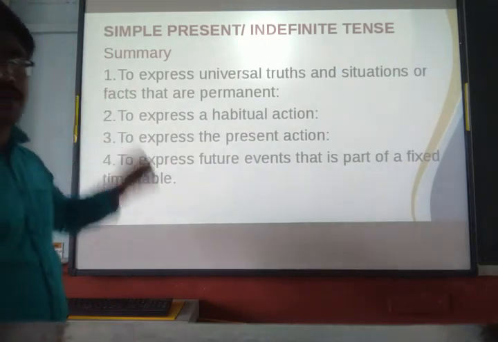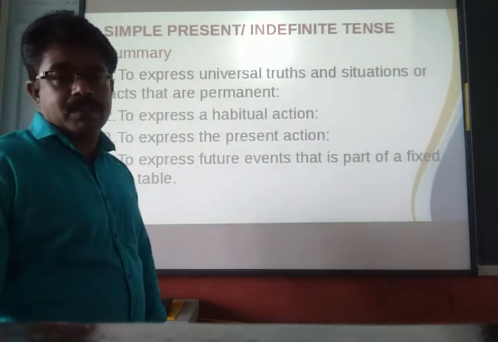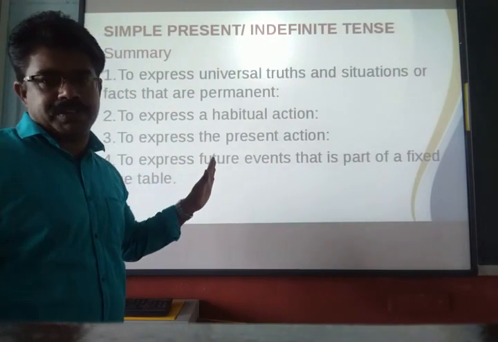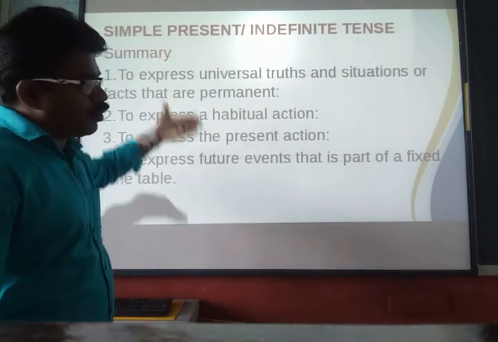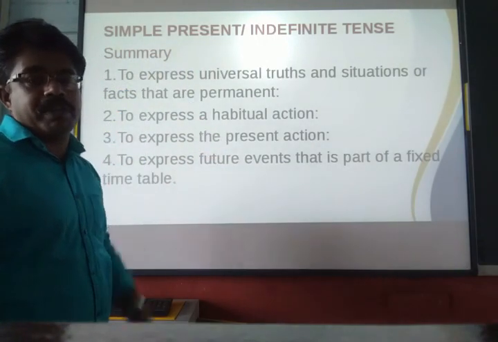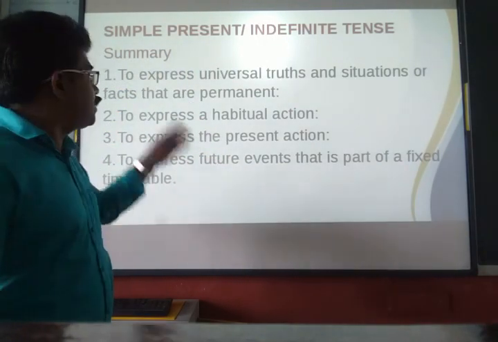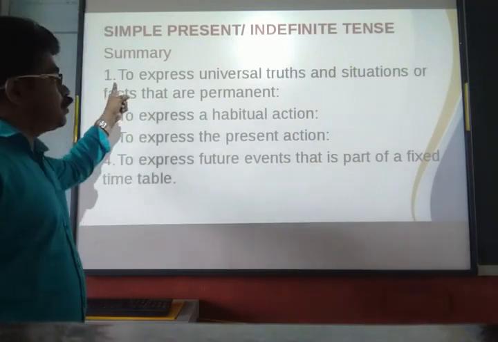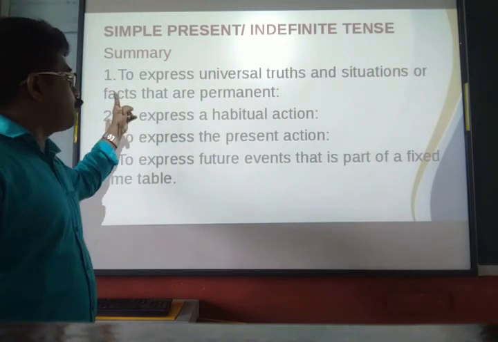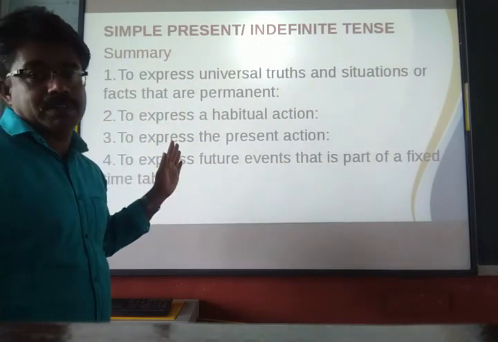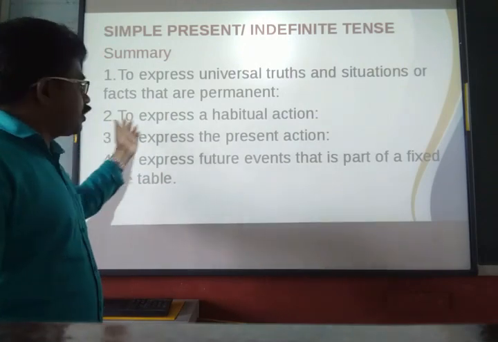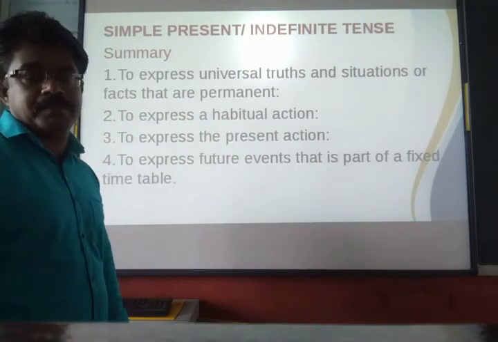So far, basically we have spoken about 8 usages. Now I have brought out all these 8 aspects. Let's analyze once again. First, to express universal truth and situations or facts that are permanent. Second, to express a habitual action.